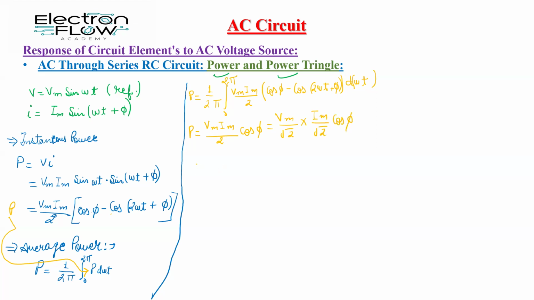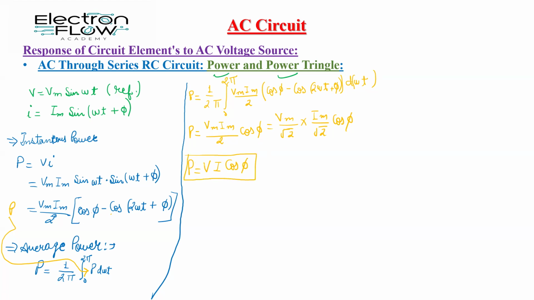Okay, so here the value of the average power is equal to this. We know that the maximum value divided by root 2 means the RMS value. So Vm by root 2 means the RMS value of the voltage, and Im by root 2 means the RMS value of the current, multiplied with the cos of phi. This is our average power.